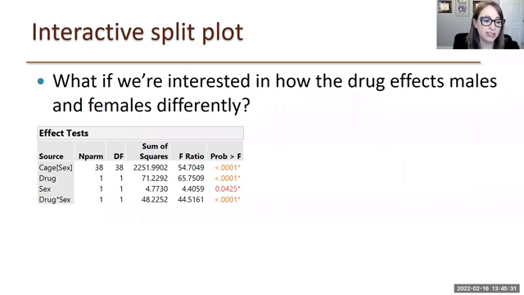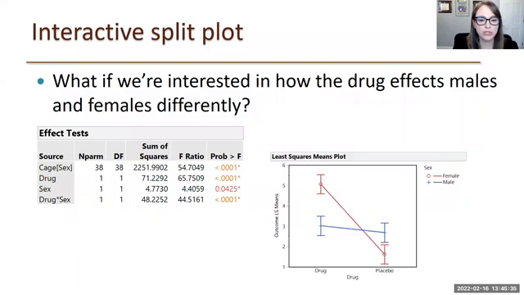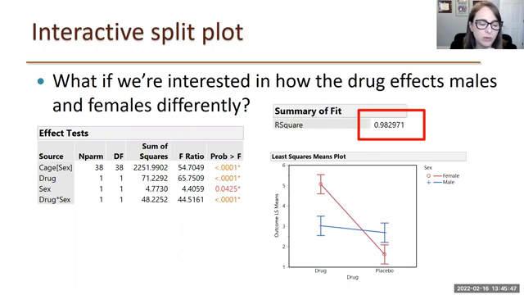And this shows us that it was significant. Ultimately what we find is that there's no difference in males, but there is in females. So perhaps our drug interacts with estrogen, altering whatever outcome variable we might be measuring. We see that our R squared is increased a little bit, but it's still exceptionally good.